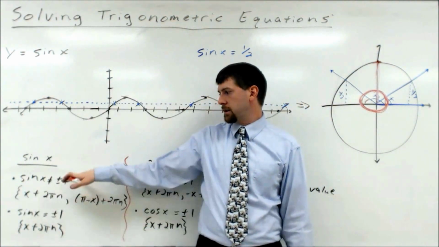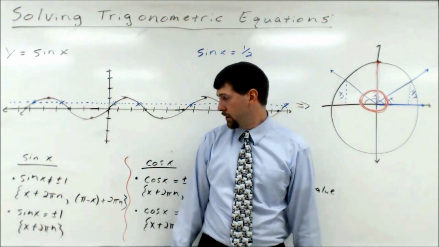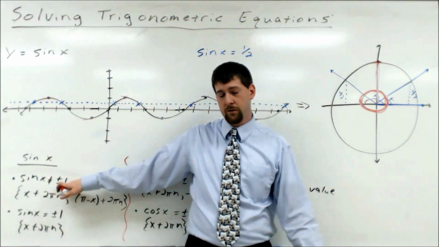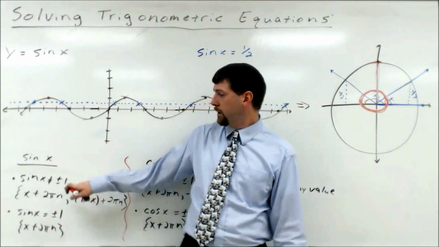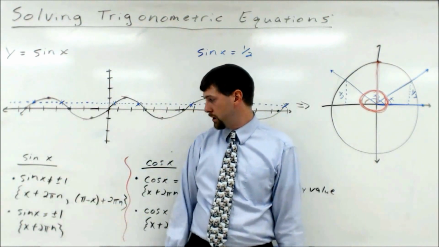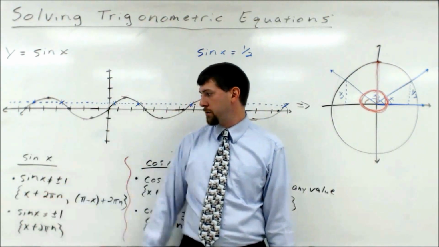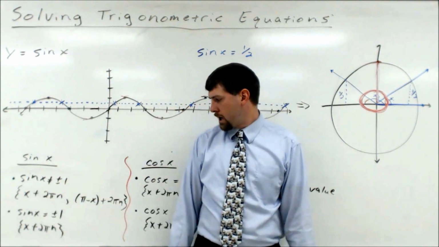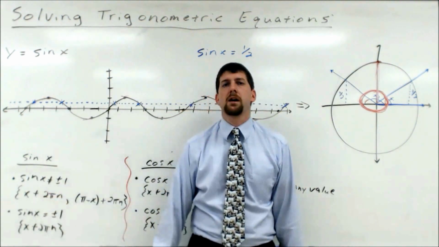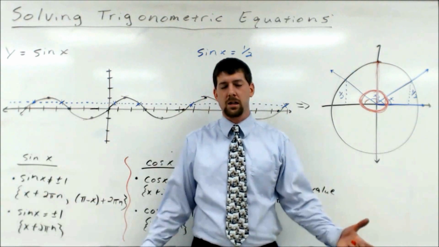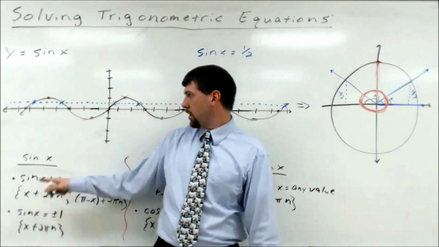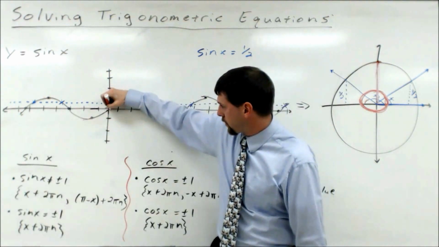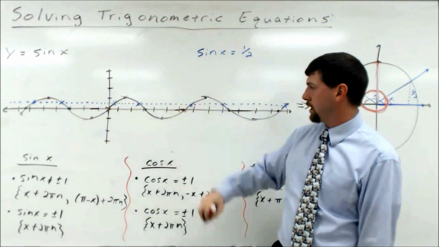So there's sine, all the solutions of sine. If it's equivalent to plus or minus 1, it's the angle plus 2 pi n. If it's not equivalent to plus or minus 1, then it's x plus 2 pi n, and the supplement of x plus 2 pi n. 0 is a little bit different, but it's built into these because 0 plus 2 pi n occurs here and here.